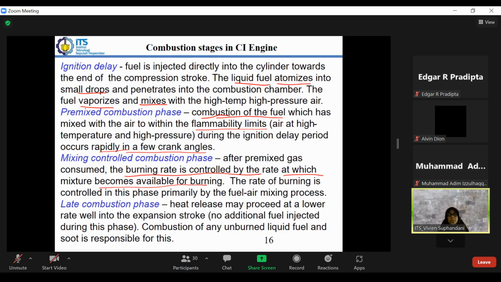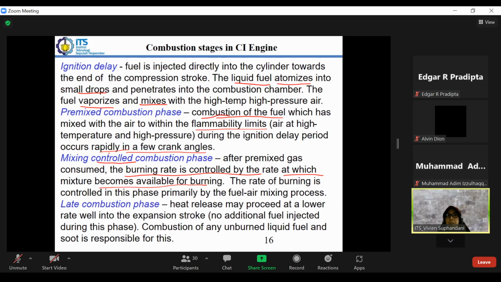So we will see here that we have two combustion phases. The first one is the premix combustion phase. It means that it will burn all the mixture that has been formed in the ignition delay. While the second one is the mixing controlled combustion phase. It means that we can control the combustion phase here.